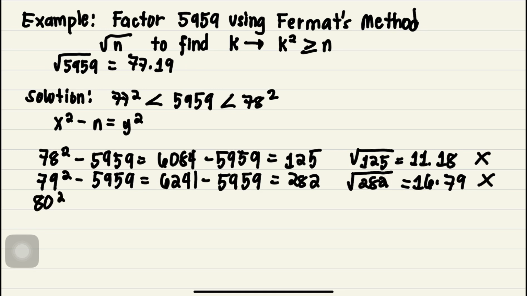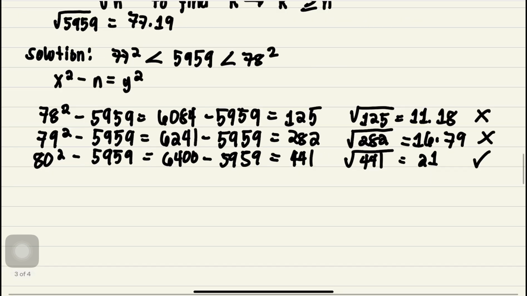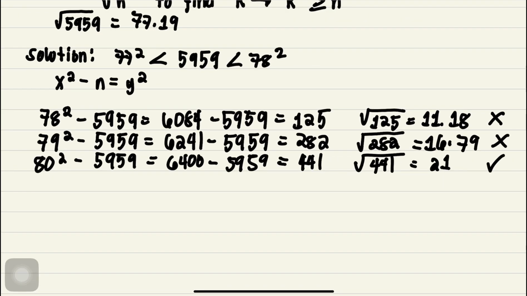Let's take 80 squared minus 5959 equals 6,400 minus 5,959 equals 441. Taking the square root of 441 equals 21. This is a perfect square, so we stop here. We now have x squared equals 80 squared and y squared equals 21 squared.